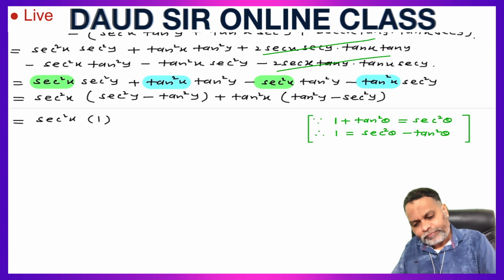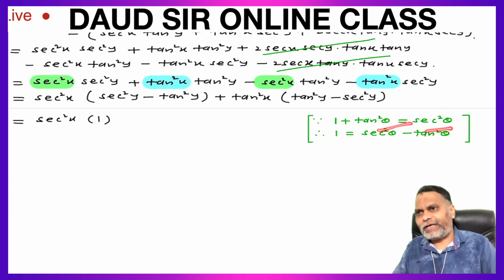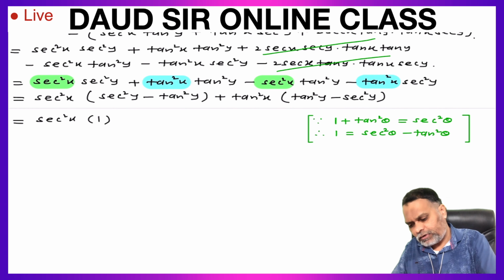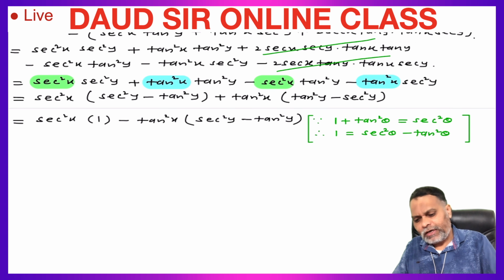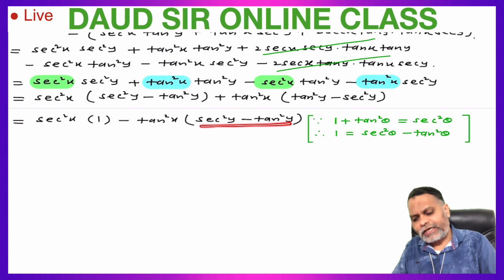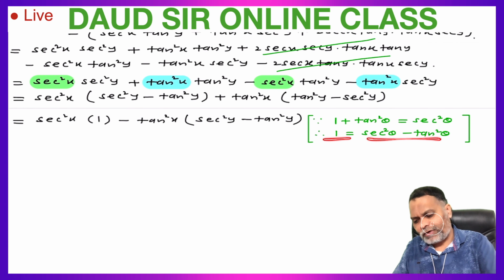From here take out the minus sign common so that it becomes the sec square theta minus tan square theta form. So minus tan square x, and write sec square y minus tan square y after taking out the minus sign common. Now we can write this bracket sec square y minus tan square y as 1.